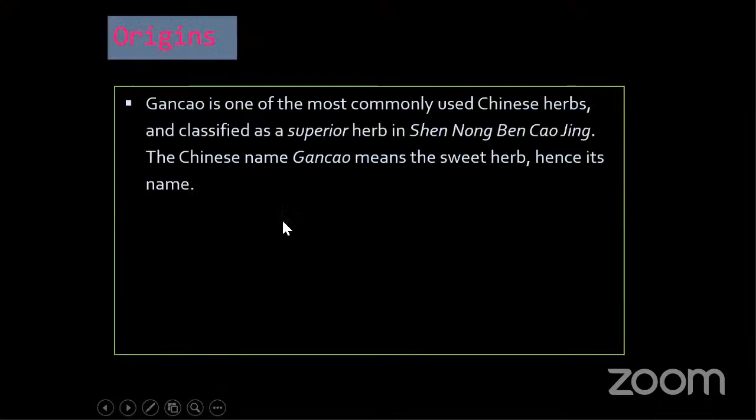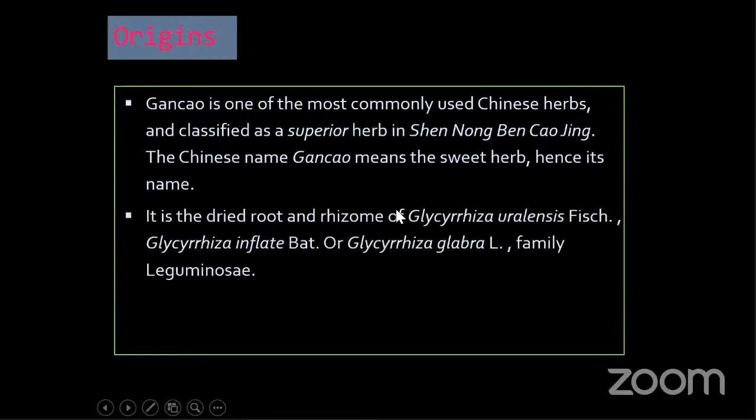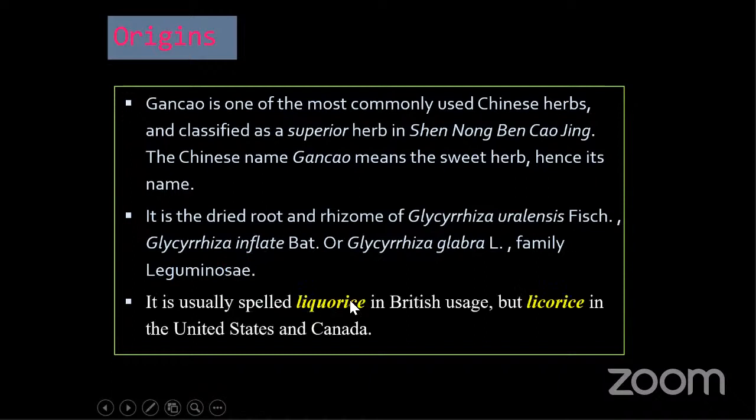It's the dry root and rhizome of three species, family Leguminosae. It is usually spelled licorice in British usage, but licorice in the United States and Canada.